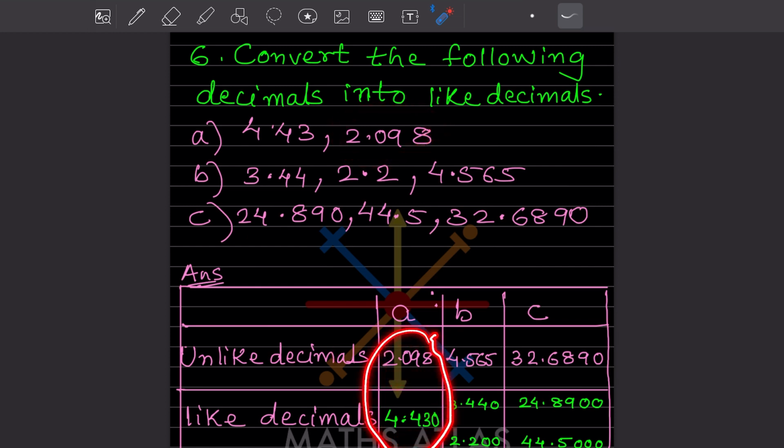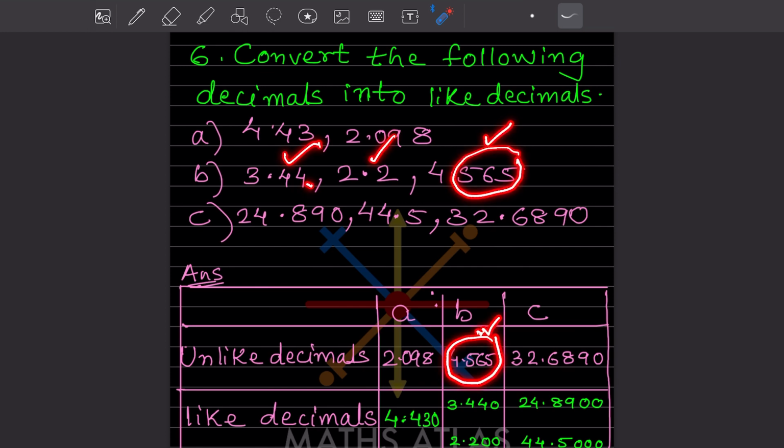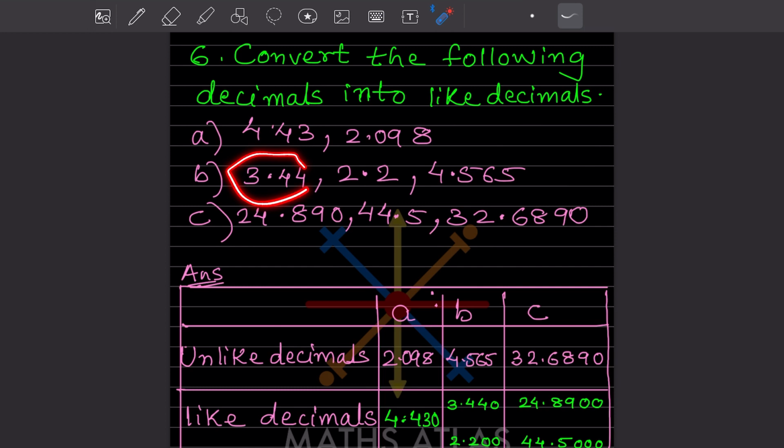Now you will compare this one. Both are same, right? Now look at here. These are 2, this is 1, this is 3 after the decimals because they're unlike. So now what did I do? All of these should have 3 after the point. So now first thing I wrote here in the unlike part, and now this also I have to make the point and then 3.